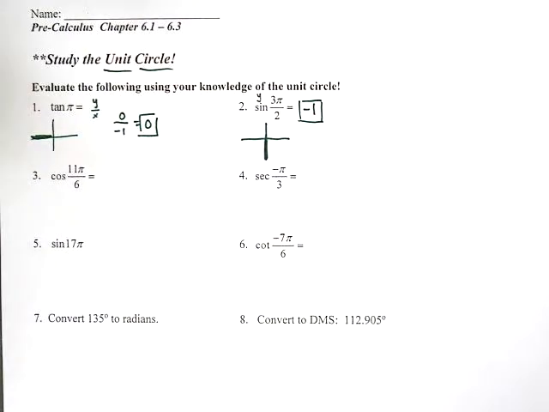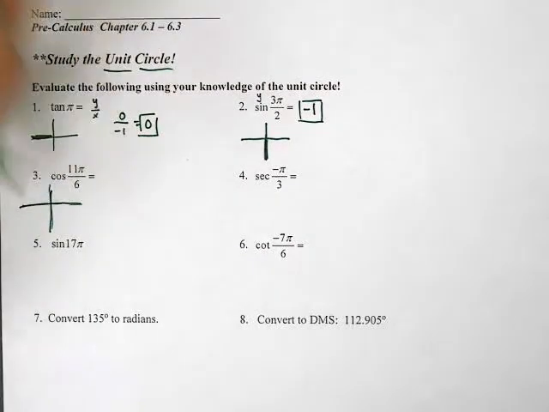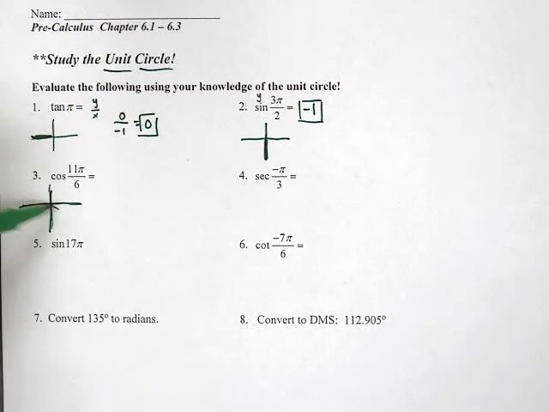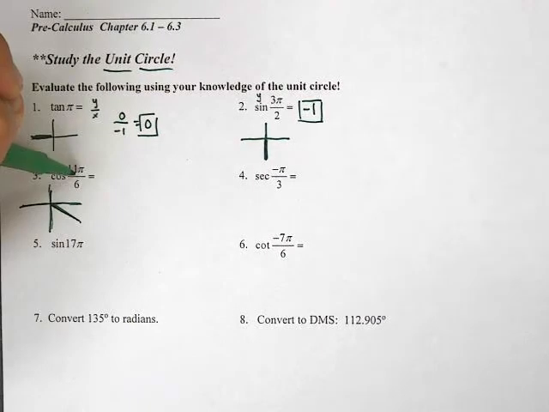All right. When we take a look at this next one, 11 pi over 6, well, that's actually all the way over here. Down in quadrant 4, it's a pi over 6 angle, okay?